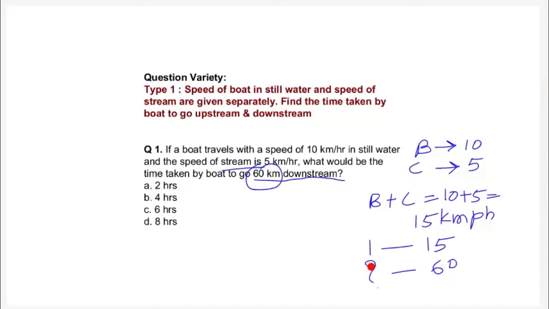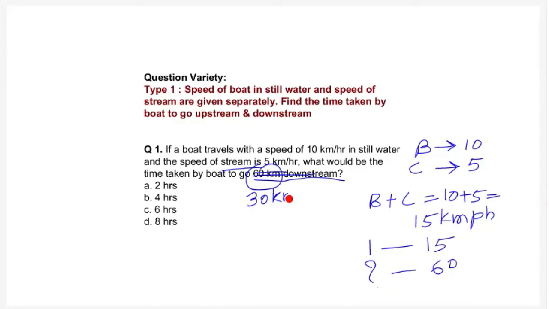Yes, 4 hours. Okay, clear. We'll move towards the next. If it is clear, say yes. We'll move ahead. But the same question, I am just changing this: 30 km upstream.